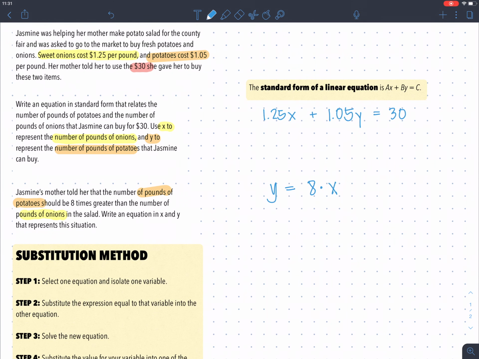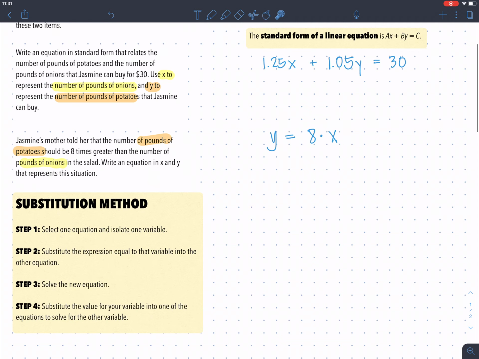Okay? Normally at this point we could graph this, but I don't want to graph this because these decimals are going to make things tough for me to calculate my slope. So we are going to use the idea of the substitution method. So the steps for substitution method are right here. Step 1, select one equation and isolate a variable.